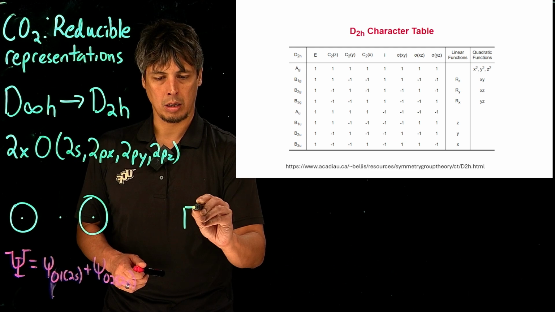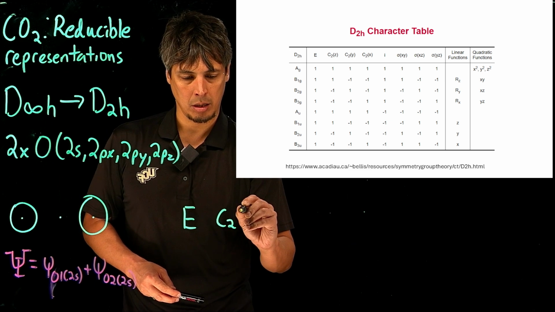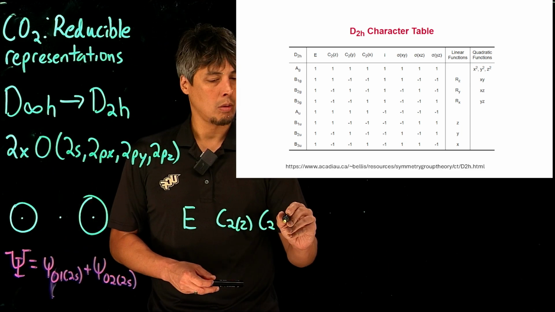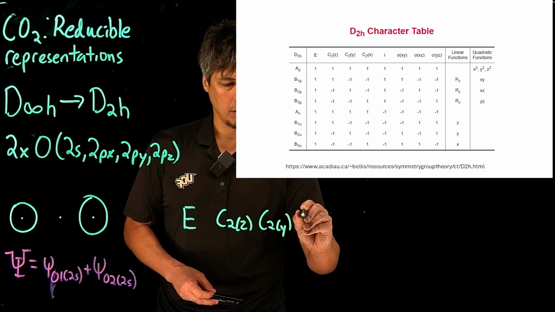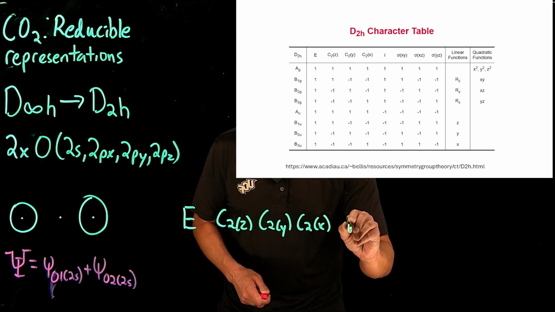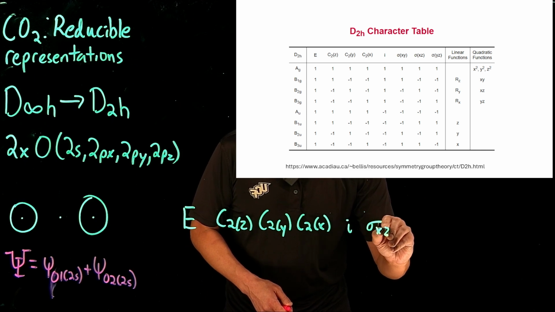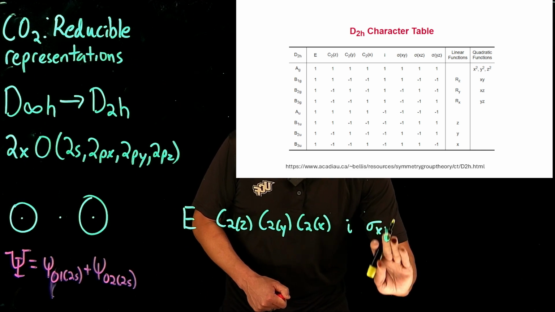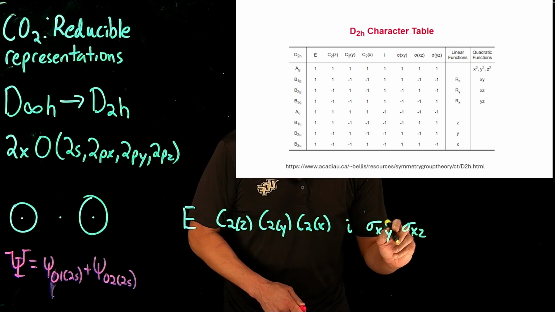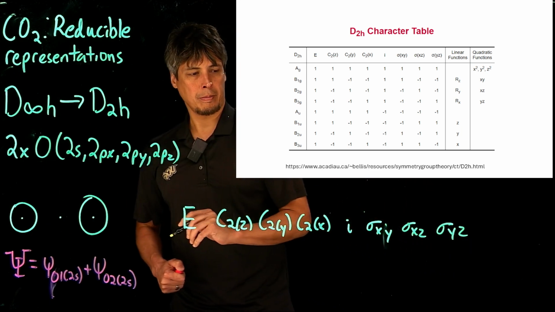So E, C2z, C2y, C2x, the inversion, sigma xy, sigma xz, and sigma yz. Okay.